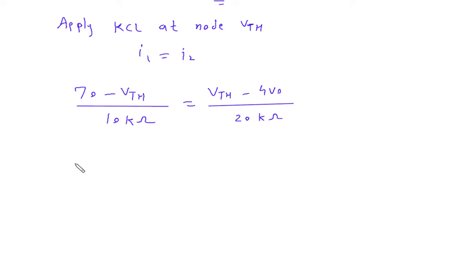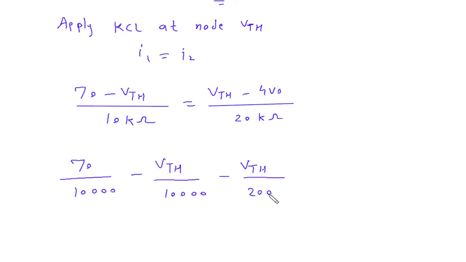So this will be 70 by 10,000 minus VTH by 10,000, is equal to VTH by 20,000 minus 4 by 20,000 into VO.